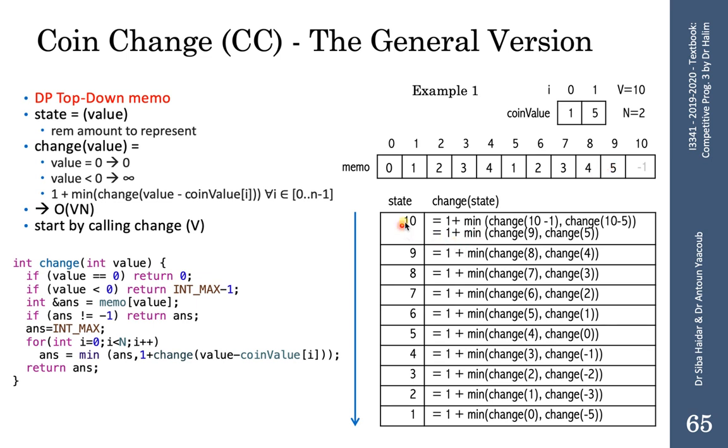In order to calculate state of 10, I need to know what is the minimum between change of 9 and change of 5. But you have deduced now that since we are using memoization and we need the value of change of 5, we already memoized it and we have it in the order of 1 now. So it will be equal between the minimum of 1 and 5 plus 1.